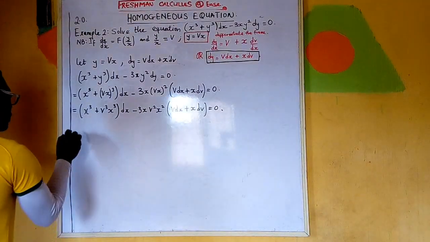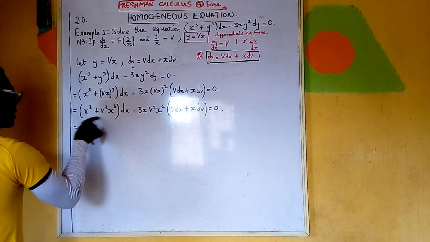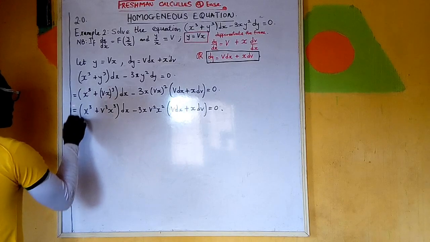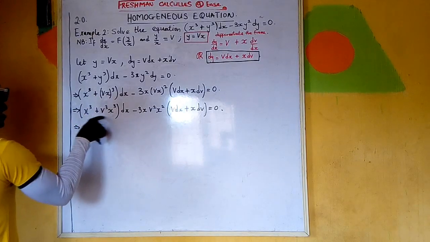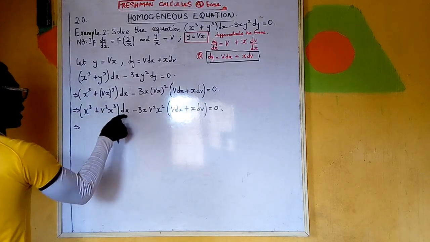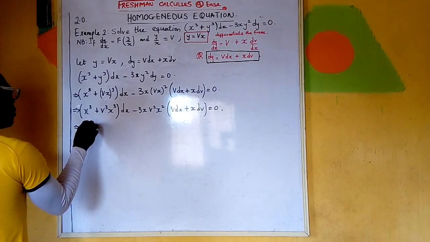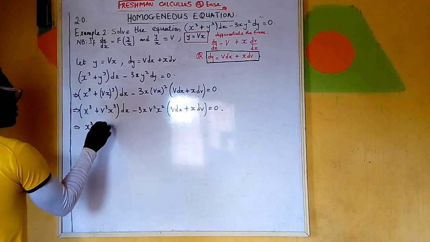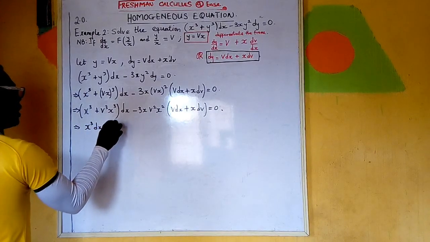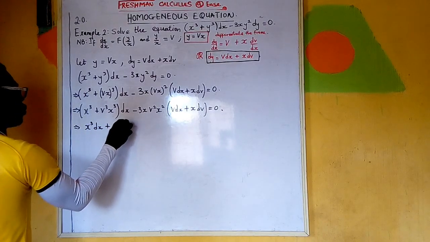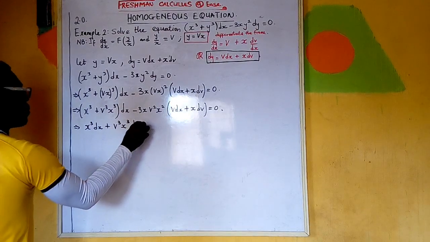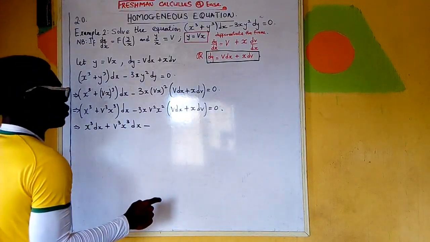Now this implies that I open this bracket, using dx to multiply. So I have x cubed dx plus v cubed x cubed dx minus, now I'm going to do the same.